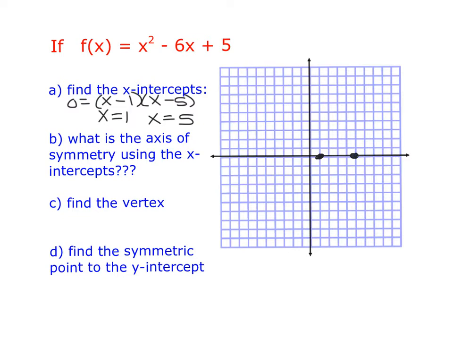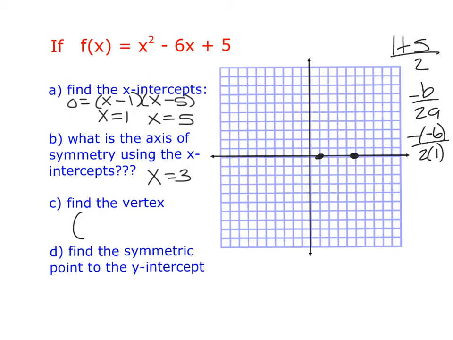All right, what is the axis of symmetry using the x-intercepts? So remember, it's symmetric. So if you add those together, 1 plus 5 divided by 2, we get 3. So the axis of symmetry is 3. We could also do negative b over 2a. Right, so that's negative negative 6 over 2 times 1. So that's also 3. So the vertex is 3, comma.